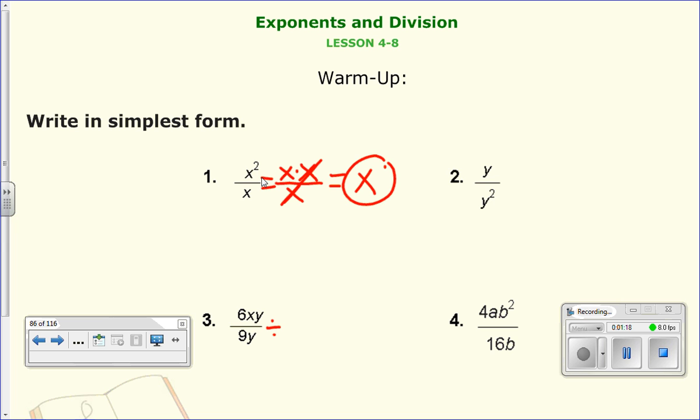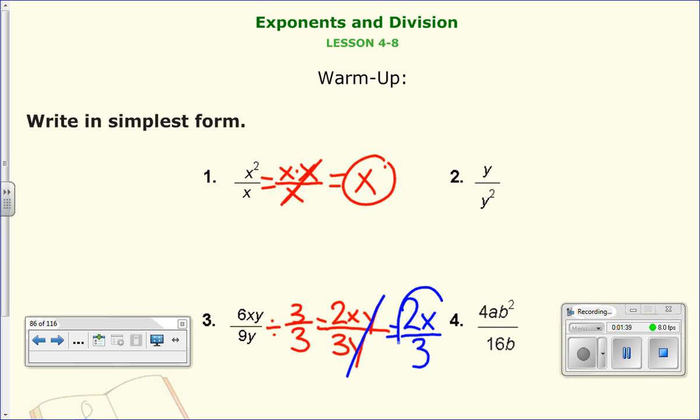The factors of 9 are 1, 3, and 9. The factor they have in common is 3. I divide that out and get 2 times x times y divided by 3y, since 9 divided by 3 is 3. And again, I could look for the variables they have in common, which is the y, and get 2x divided by 3. So that is something we've worked on in the past.